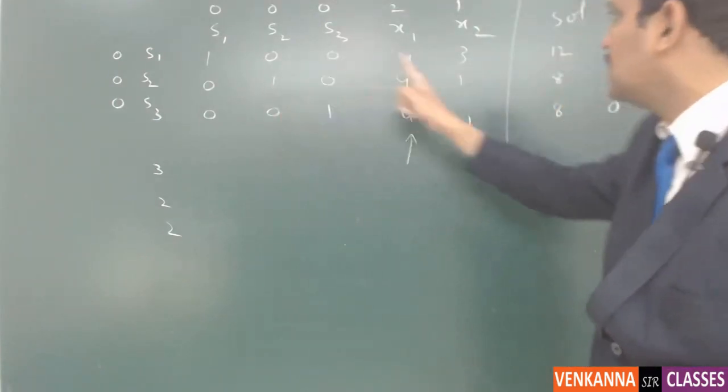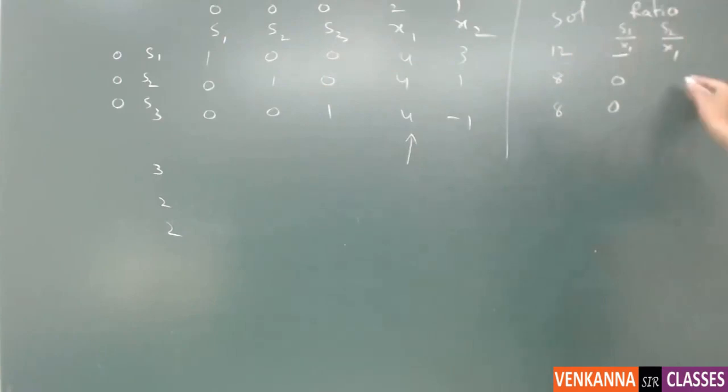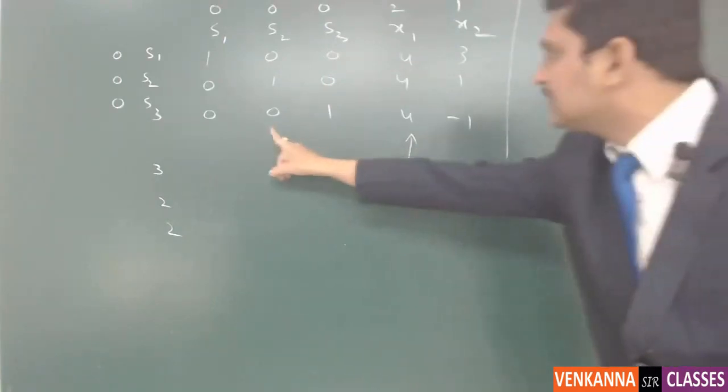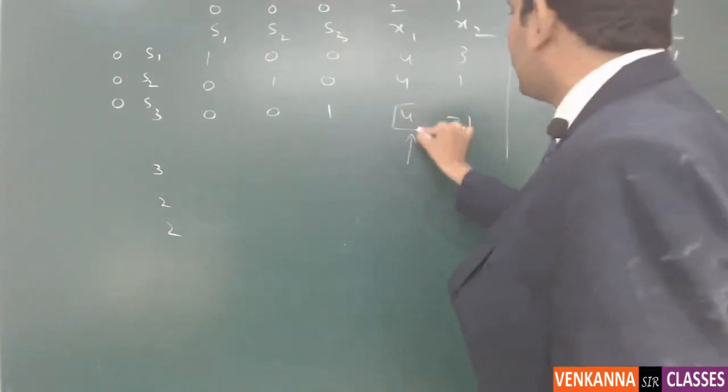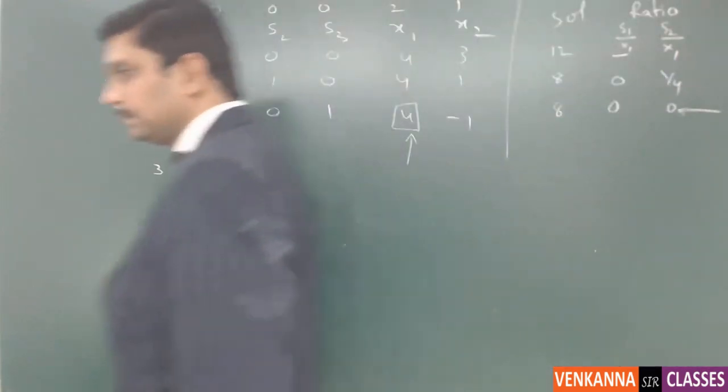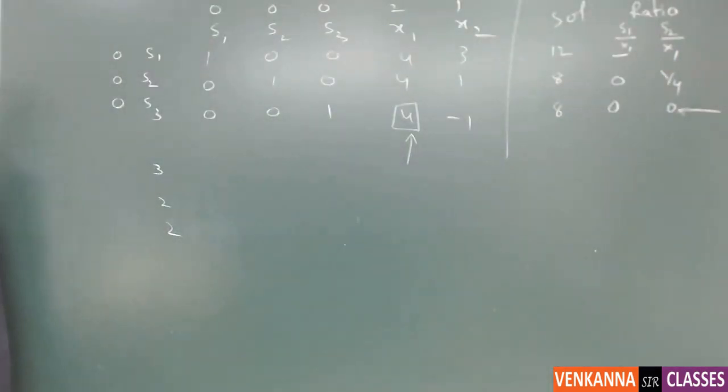So column by the X1 values, this will be 1 by 4 and this will be 0 by 4, 0. So here the ratio is not fixed, it is changed. Among the two, 0 is the smallest one. So I pick up S3. So this 4 is the pivot element. That was the whole idea. Fine.